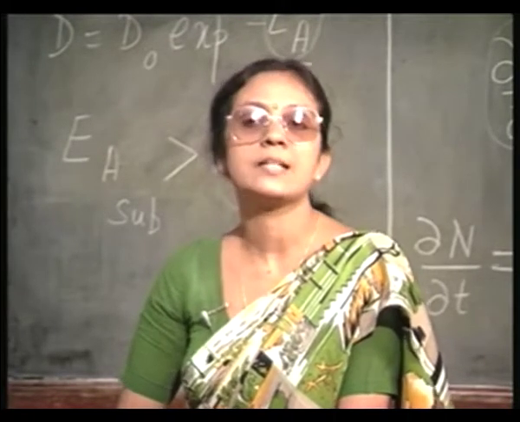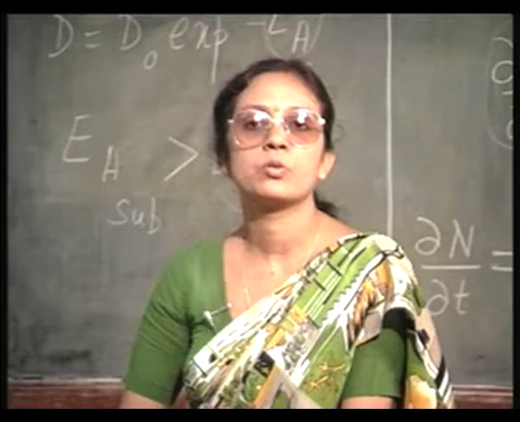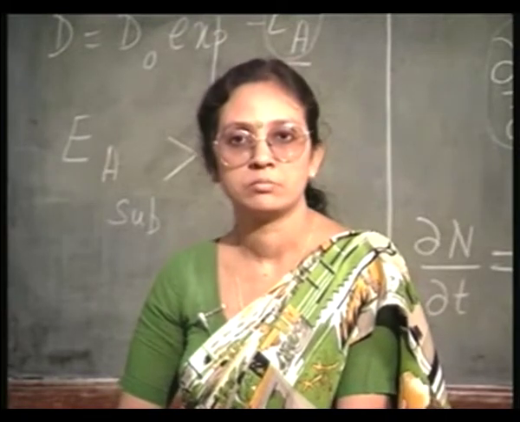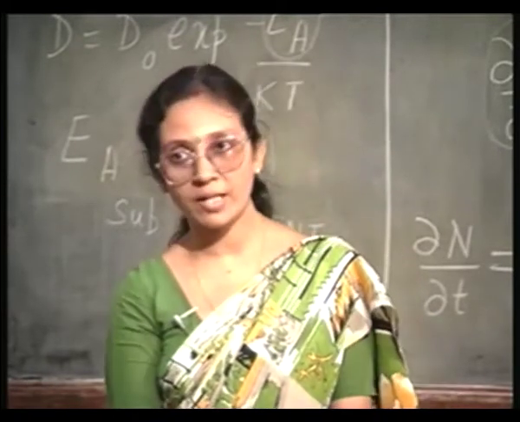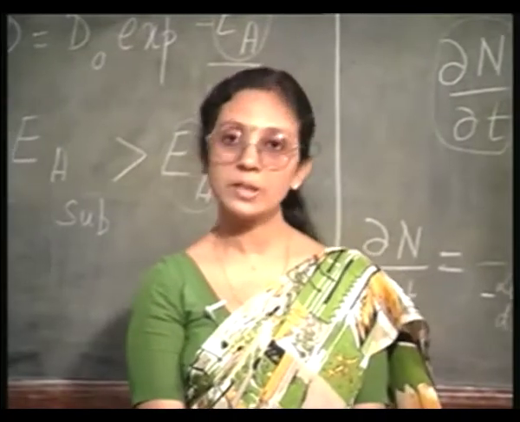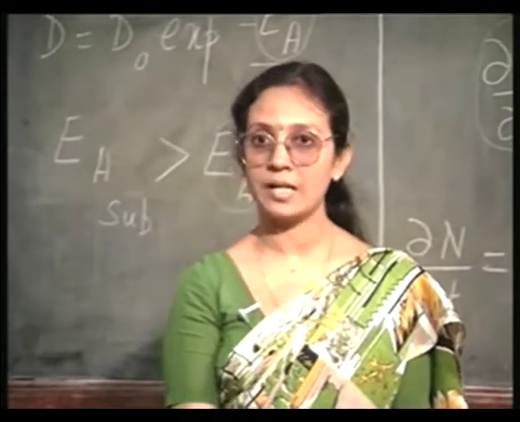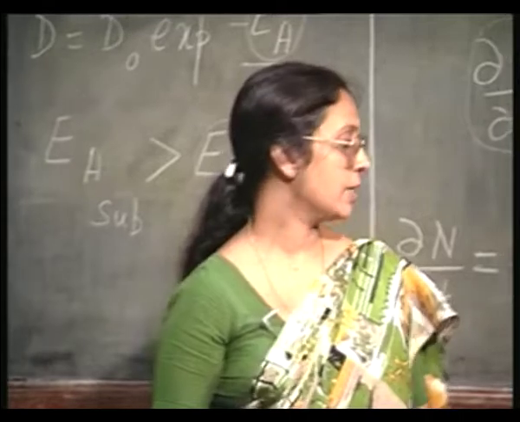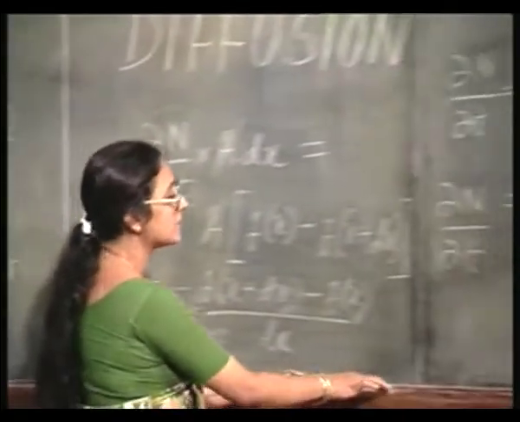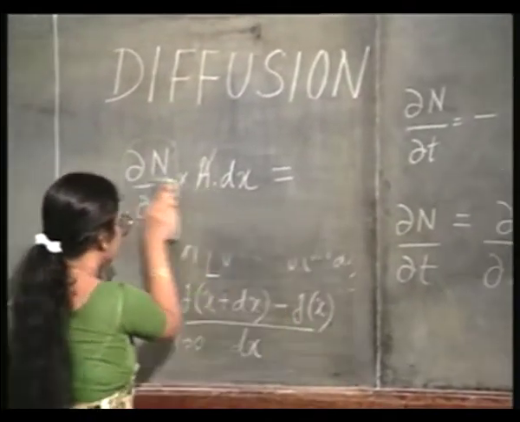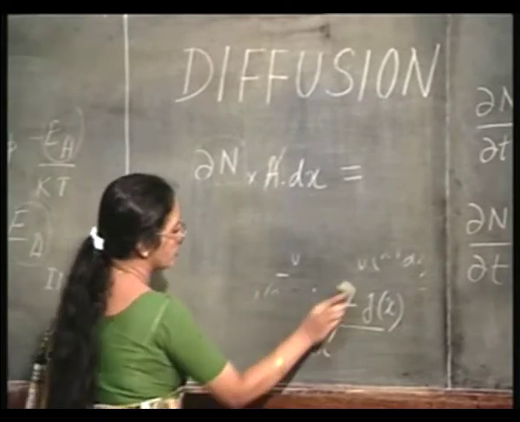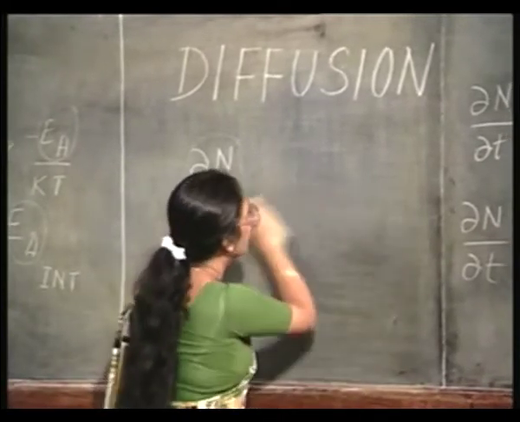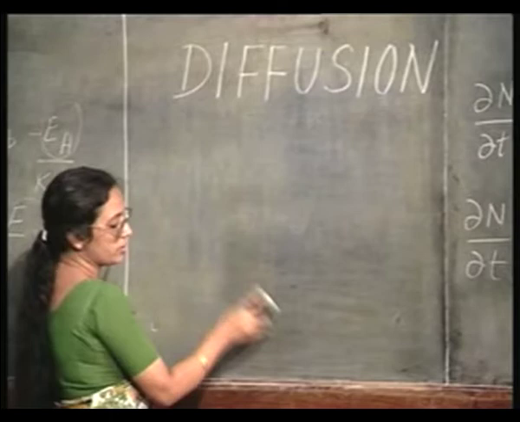That is, let us assume that the diffusion coefficient is a constant. Whether we are justified in making this assumption, we will discuss later when we come to the real life situation. But for the time being, let us simply take the mathematically easier option, that is, let us make the diffusion coefficient a constant.